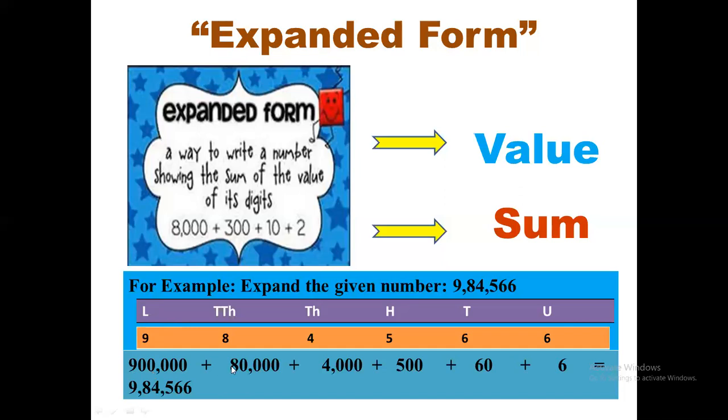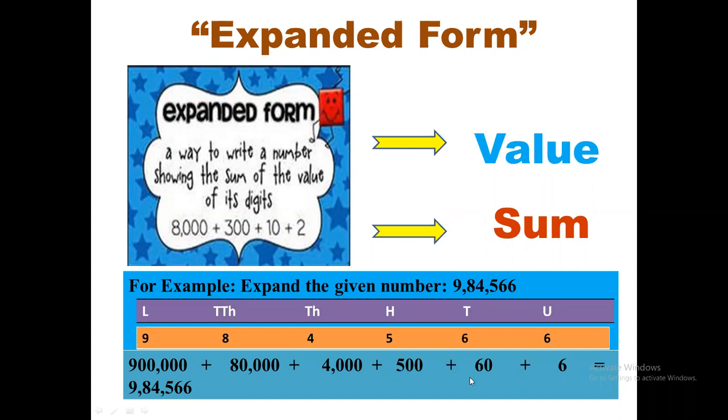Then I have the next position, that is the 10,000 position. So it will become 8 and then the zeros, 80,000. Then we have 4 on the 1,000 position, so it will become 4,000. 5 is on the 100 placement, so it becomes 500. 6 is on the tens placement, so it becomes 60. And this 6 is on the unit placement, so it becomes 6.